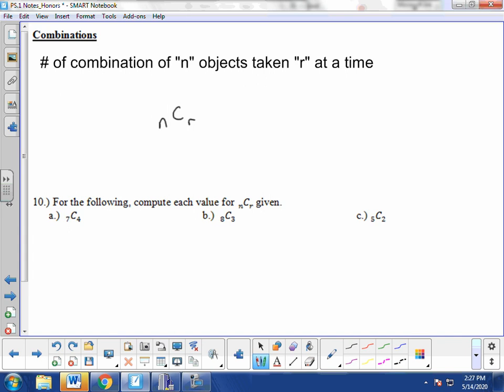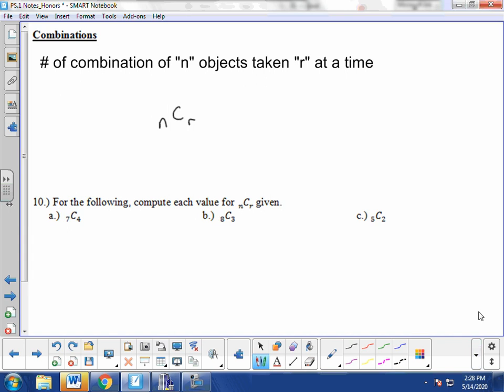And this changes combinations. So if I draw 1 card, there's only 52 possible options that I could have. But if I draw 3 cards, that number grows dramatically because I could have 52 different cards in the first one, then 51 different cards in the second one, and then 50 different cards in the third one. And then that order can switch around. So this is what we call a combination.